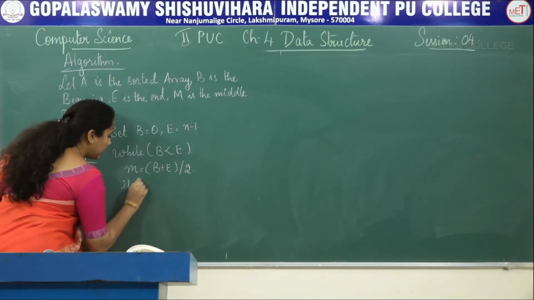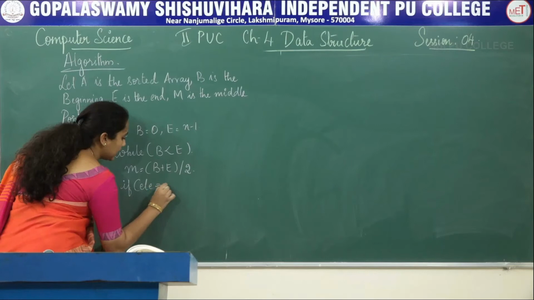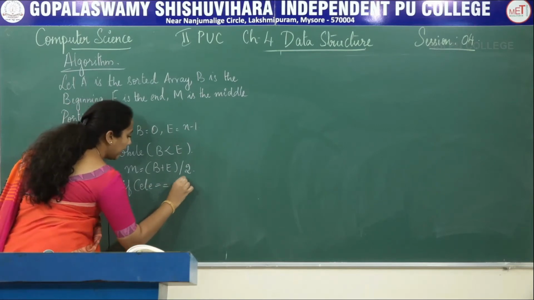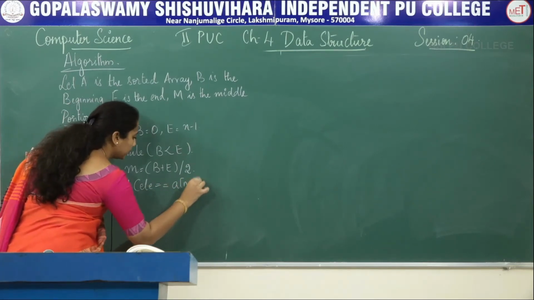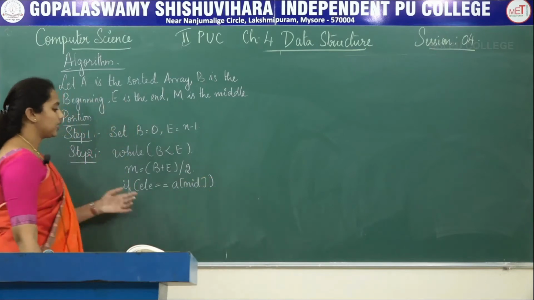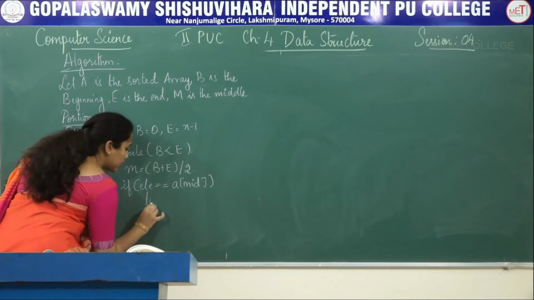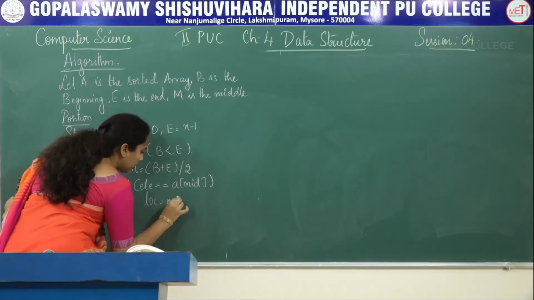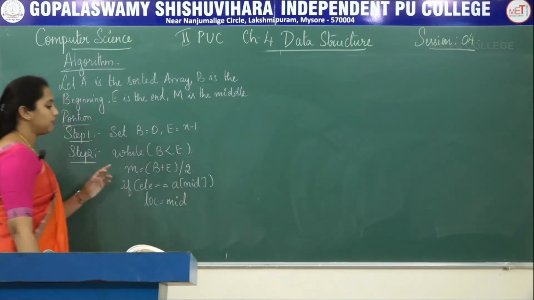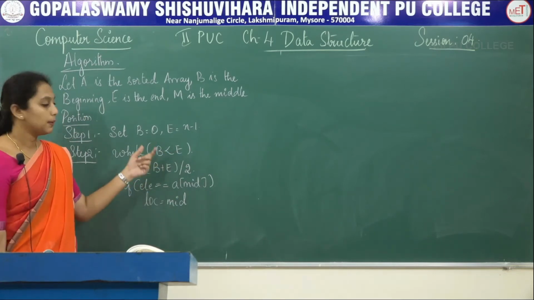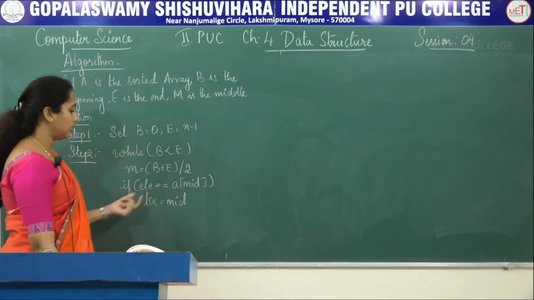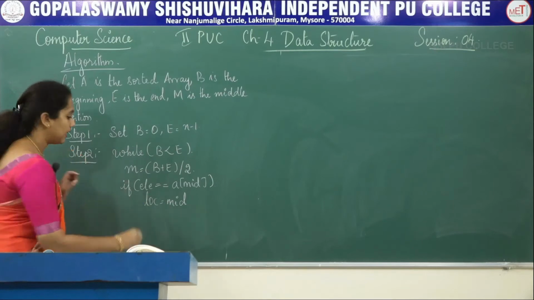If element is equal to A of mid, then location is equal to mid. If the element is equal to the middle element, then the location is equal to the middle element.